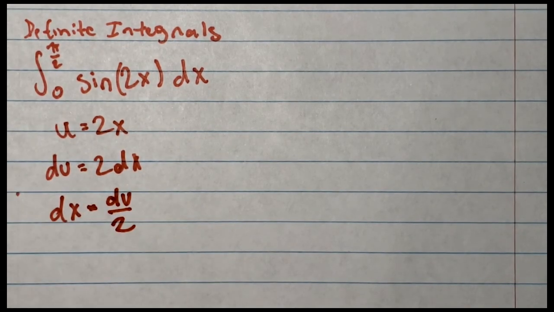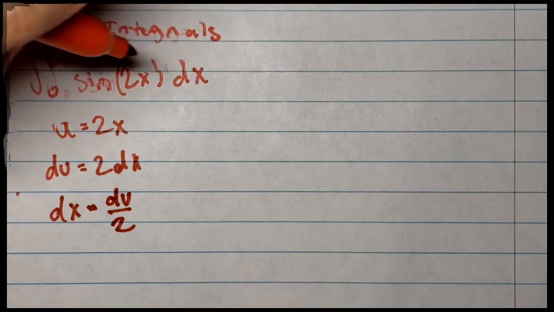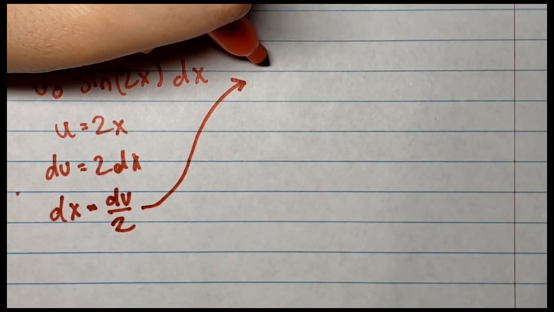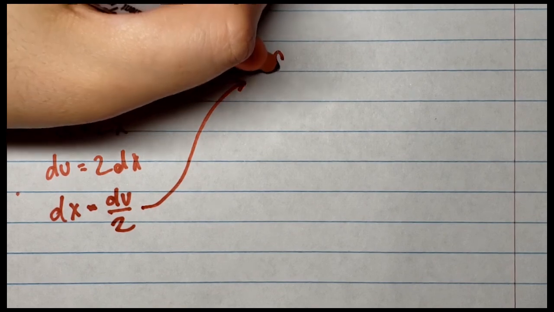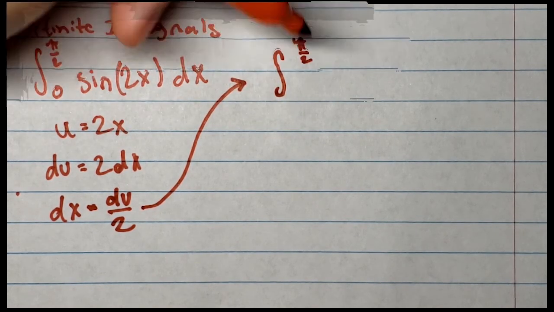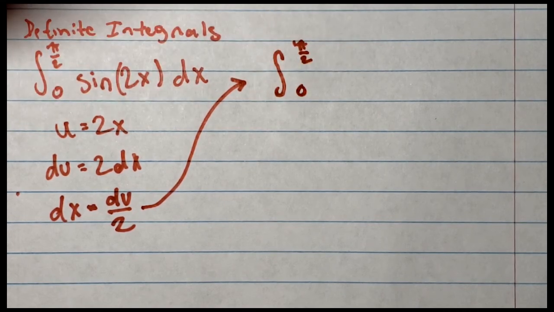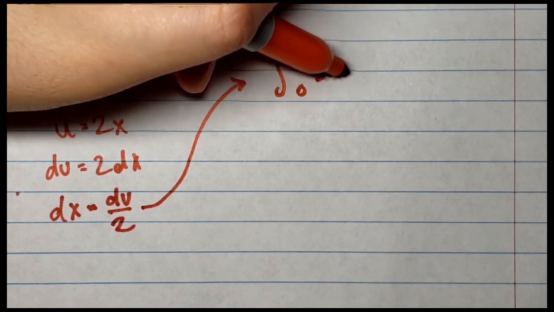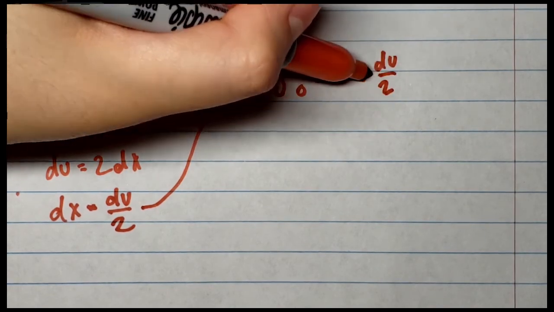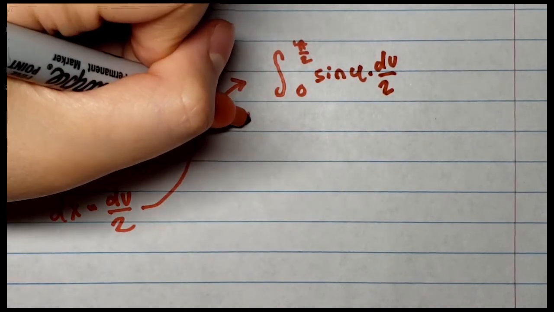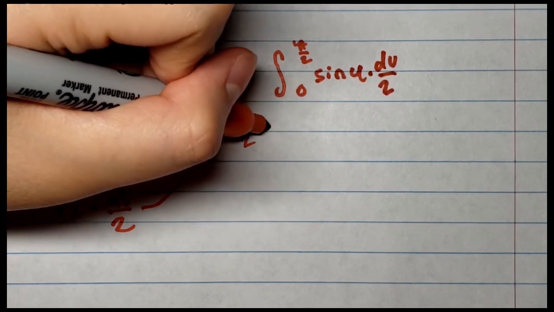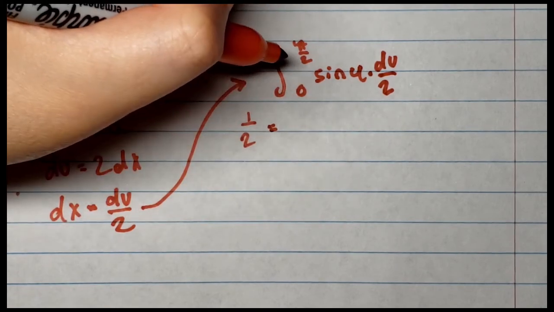Over here, I'm using the chain rule to substitute u equals 2x, and d of x, to which you get dx is equal to du over 2, and then substitute it as so.